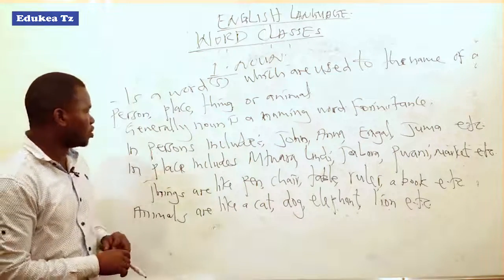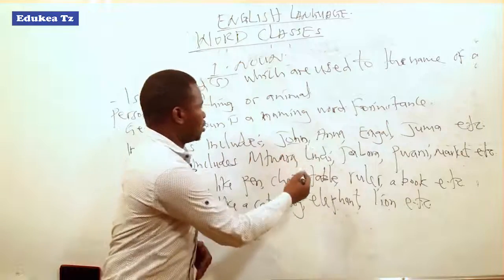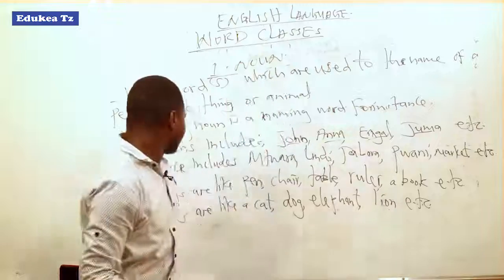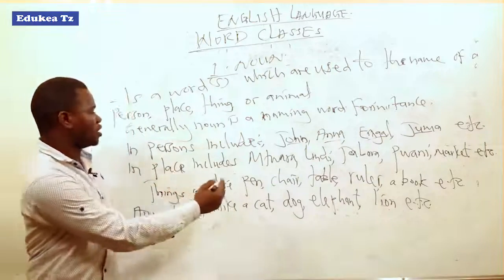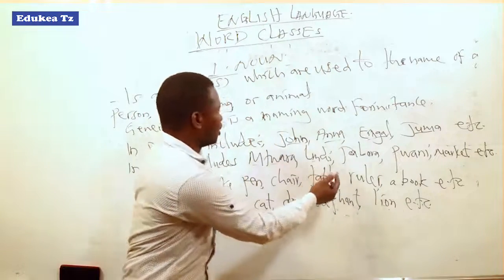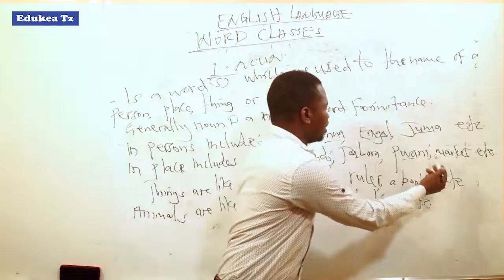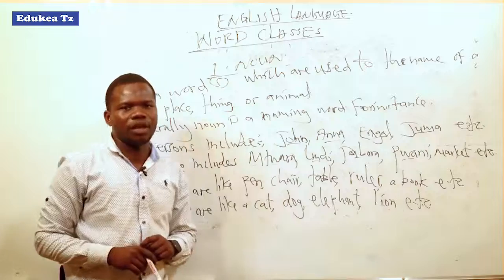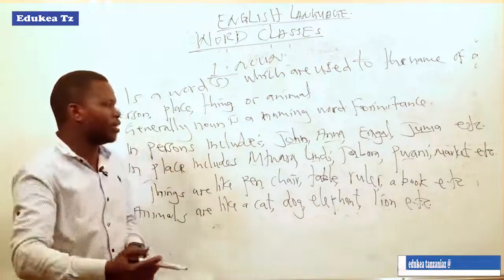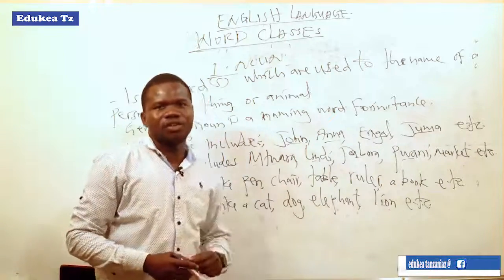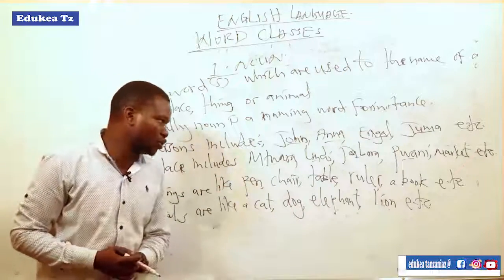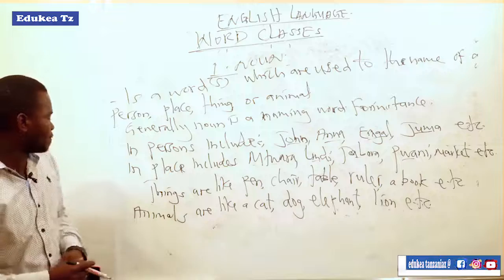Persons include John, Anna, Angel, Juma, and others. Places include Mtwara, Lindi, Tabora, Pwani, and not only those place names, even a particular name like the market or school or beach are also in the group of noun.